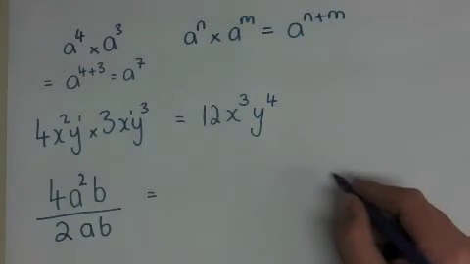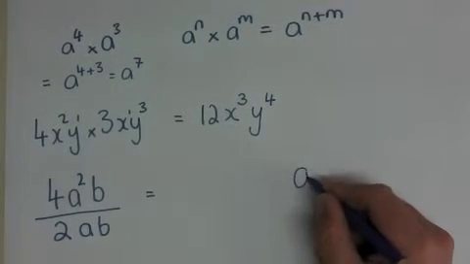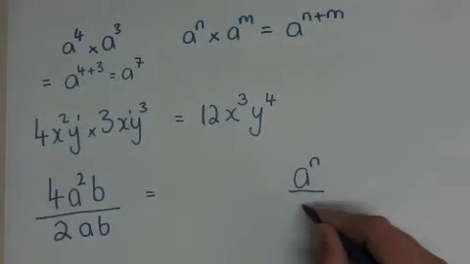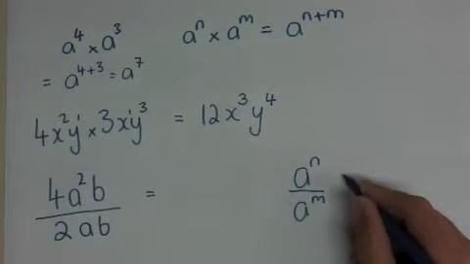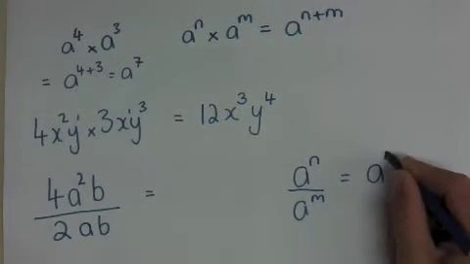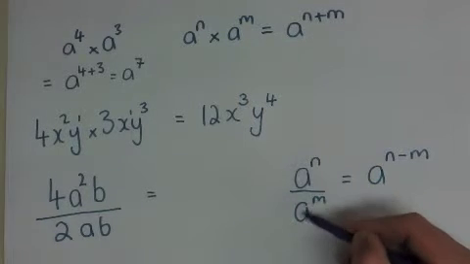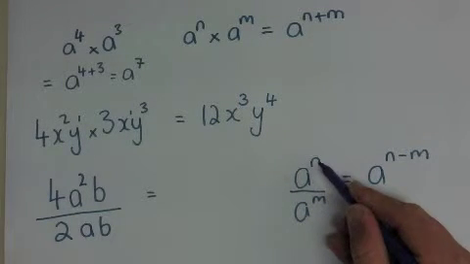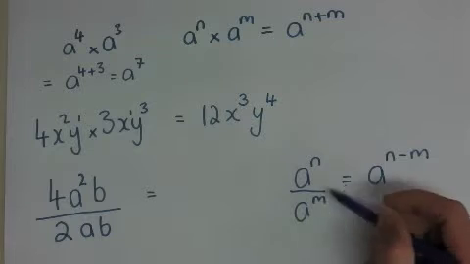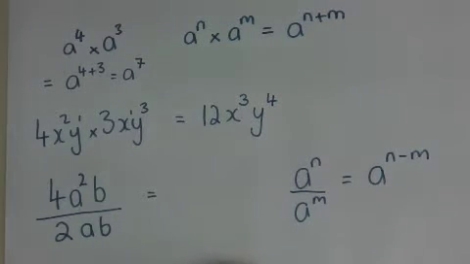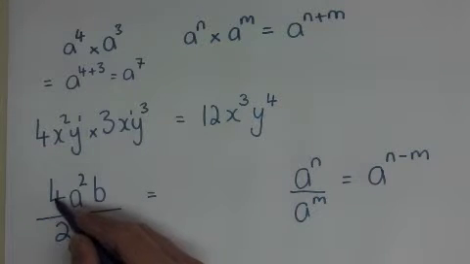Well, the indices rule I have is a to the n over a to the m is equal to a to the n take m. So when I have two base numbers that are the same and I'm dividing one by the other, I subtract their powers. So using that understanding here, first off I do the numbers.